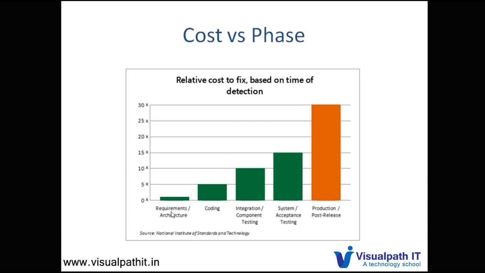If a defect comes up in the requirement phase, then the cost to fix it will be very less, but the same defect when found in the coding phase sees the cost increase by 5 times, in component testing or integration it's 10 times, in acceptance testing it's 15, and if it goes into prod it's 30 times. And apart from that, if a defect goes into prod, the company may have to face a hefty fine too, and may lose customers too.